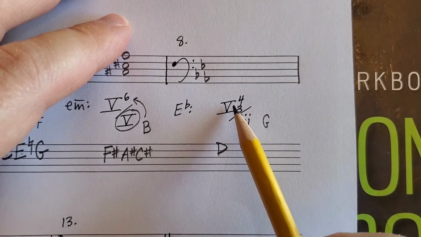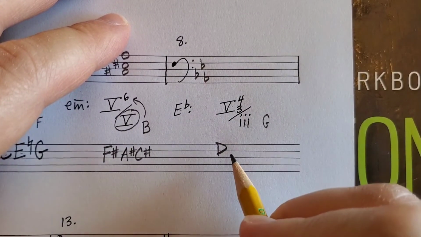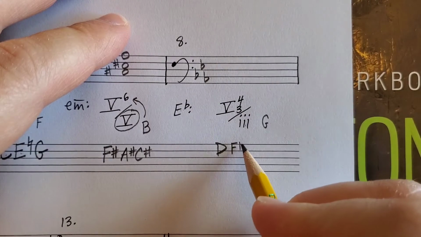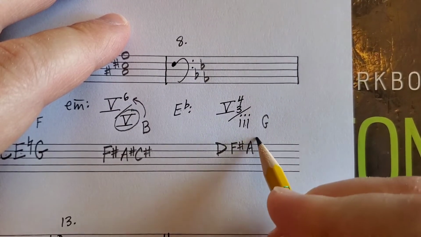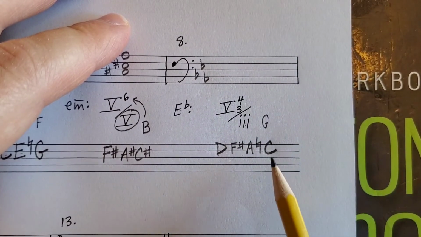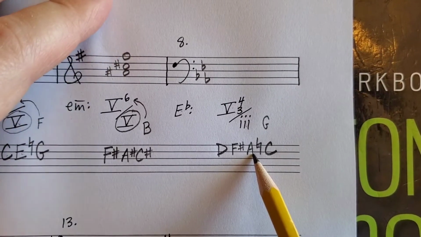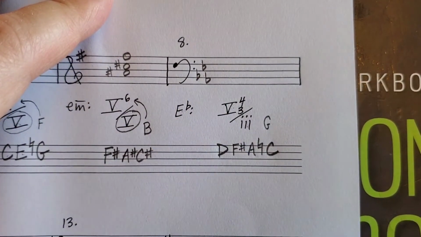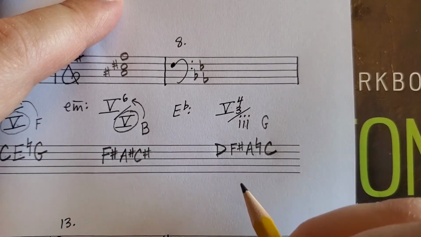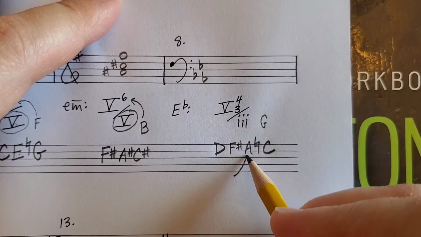Okay, this time we want to spell a major minor 7th chord. On D, D, F sharp, A, C. And notice I marked in the A natural because when we go back into this key, I'm going to have to mark in that A natural. 543 puts this note in the bass.